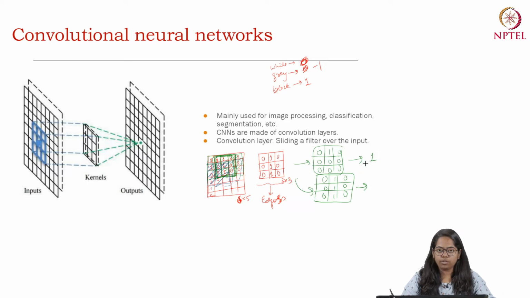So here the output is 1, that is we are just summing all of these, and here it is 3, that is we are summing all of these. So we can say that the higher the value, the denser the region is, that is the more edges it represents, that is there are more ones in the middle column, right?